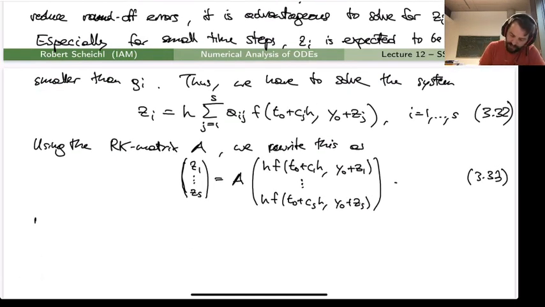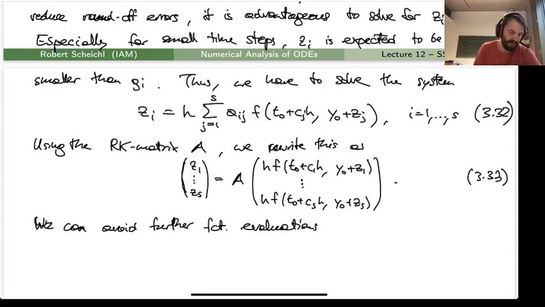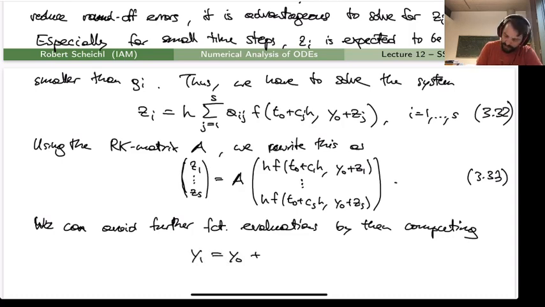And then we can avoid further function evaluations by then computing the final solution y1 as y naught plus b transposed a inverse z.